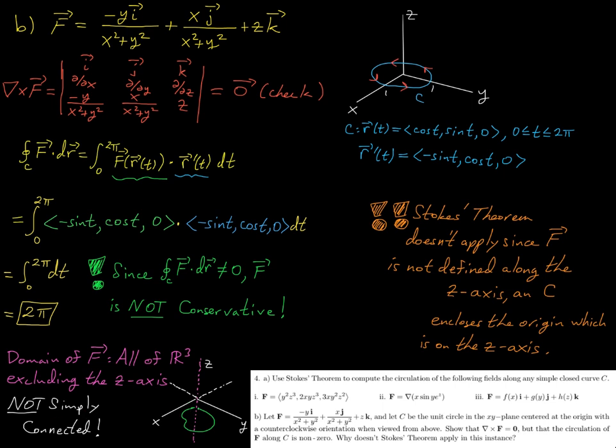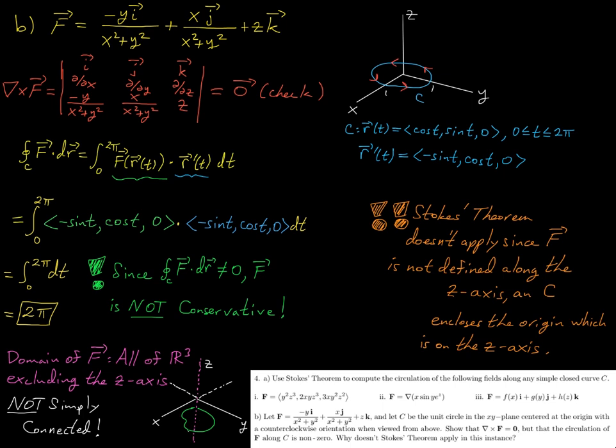And this is not simply connected. Why? Well, let's say I have this loop here, this simple closed curve that wraps around the z-axis. And to be simply connected, that means I have to be able to continuously deform this green curve to a point while remaining entirely in my set.